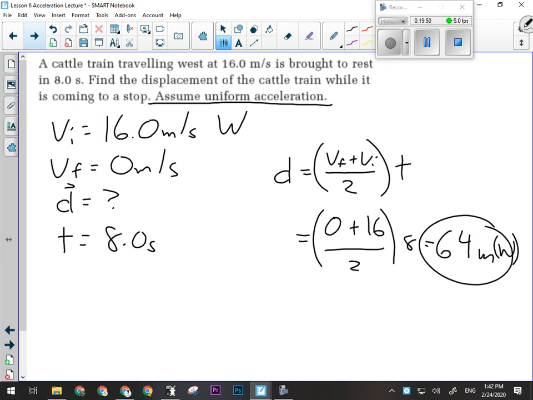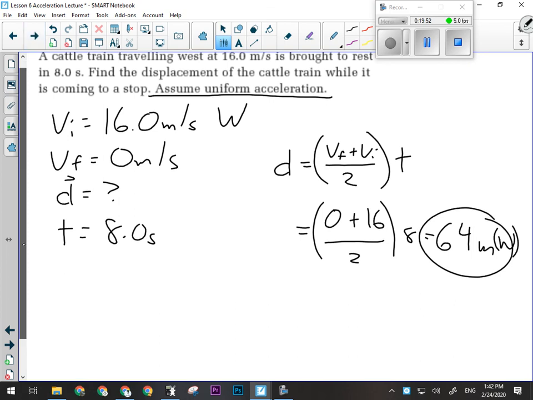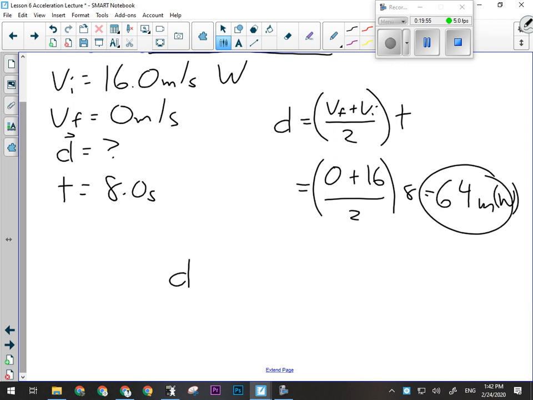All right with that one? Let's look at manipulations of that formula just so we know what we're going to be doing. So I've got D equals VF plus VI over 2, and that's all in brackets, times T. If I want to find T, what do I have to do? Divide the entire bracket by.